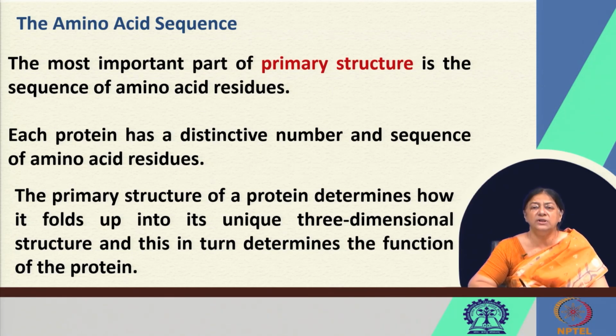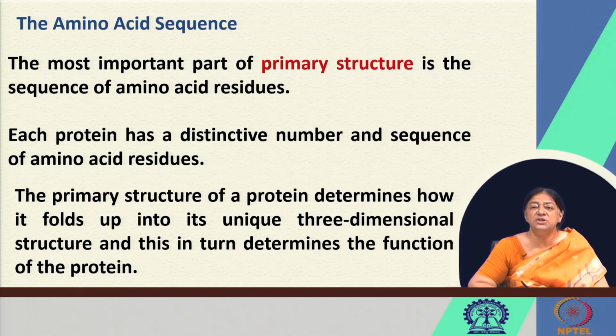Each protein that we mention has a distinctive number and sequence of amino acid residues. This is very important because later, when we look at the folding of the protein, we understand that it is this sequence that decides the folding, and the folding depends upon where the active site residues are going to be, for an enzymatic structure or for a structural protein.